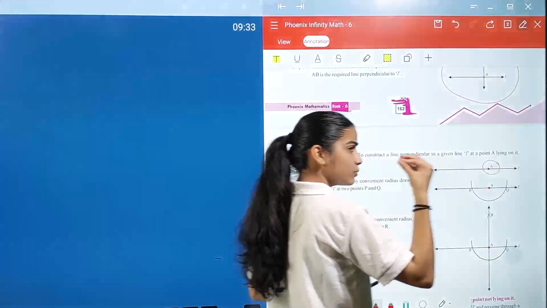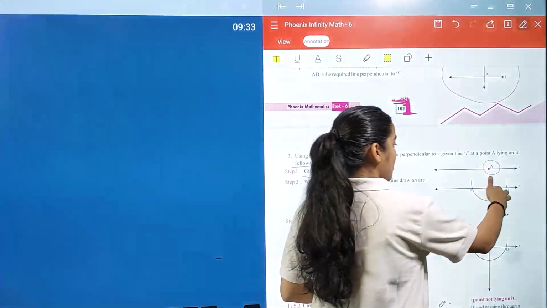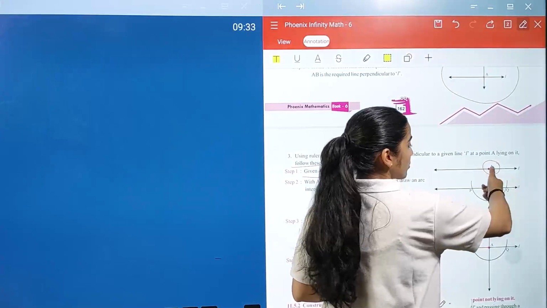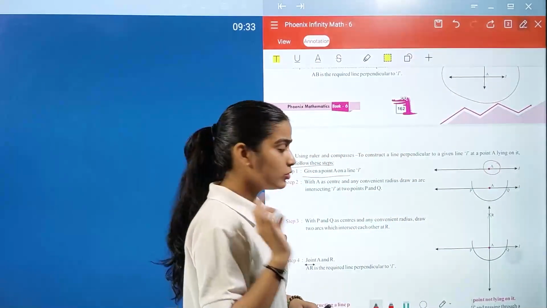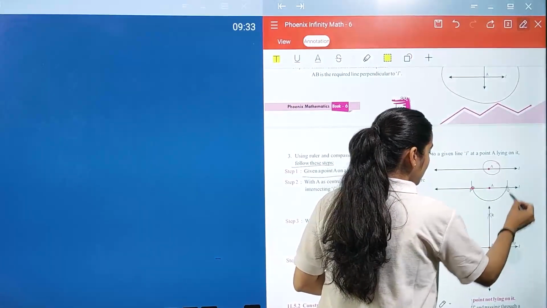It's totally up to you. It could be 2 centimeter, 3 centimeter, 4 centimeter. Place your metal tip on A and form a semicircle, so that you intersect your line L at 2 points. These are your 2 points P and Q.